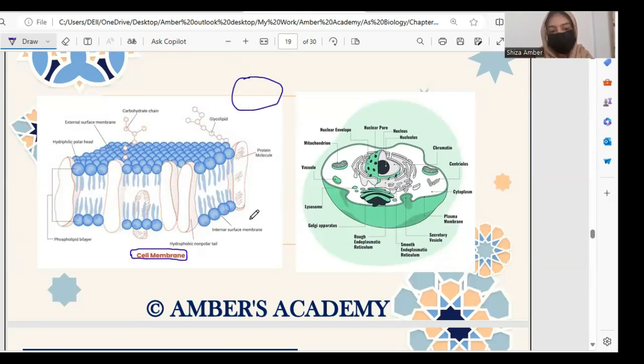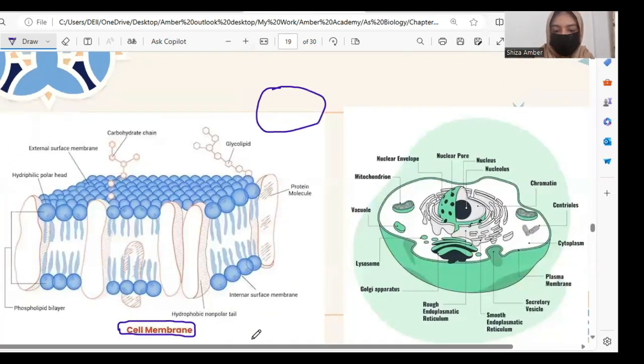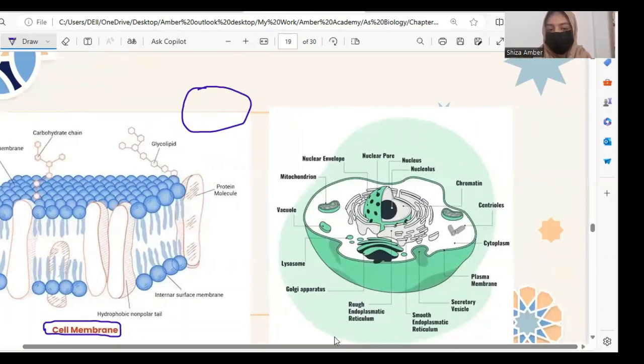It is a very complex structure, and we'll study it extensively in chapter 4. We'll begin chapter 4 right after completing cells because it's a simpler chapter. Then, let's discuss the structure of the nucleus, and then we'll take a namaz break.